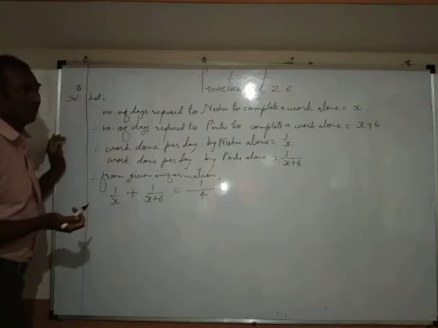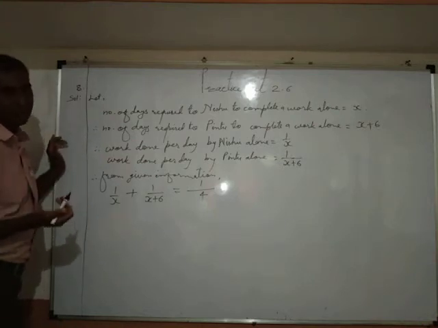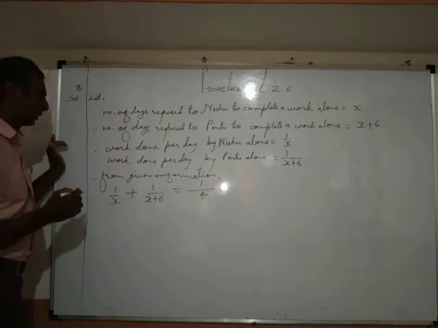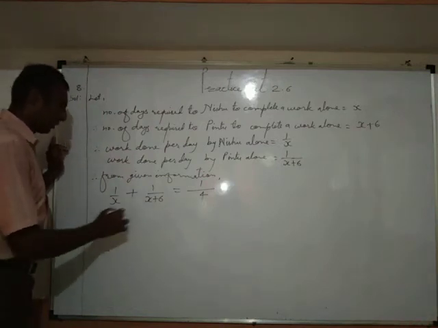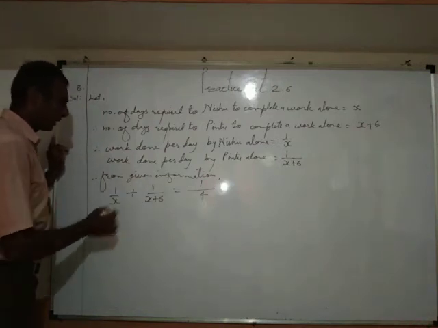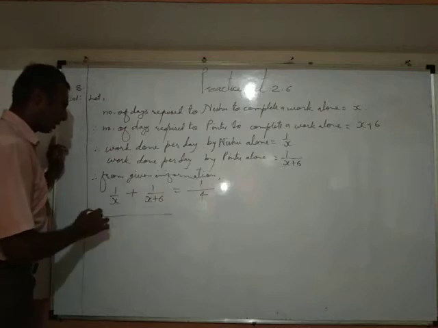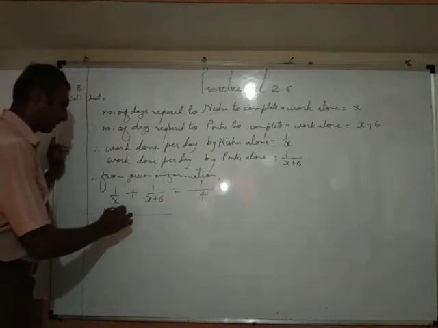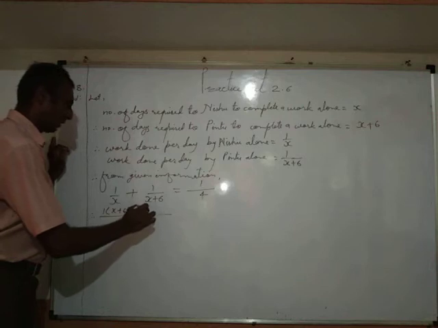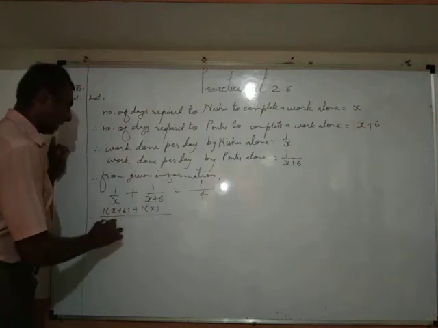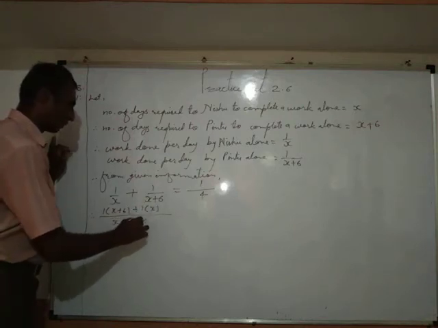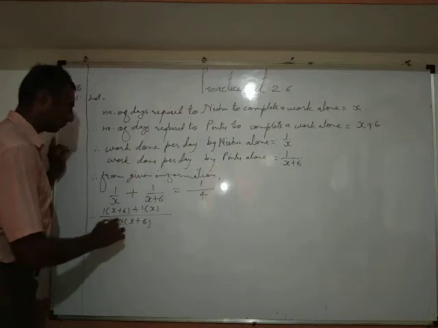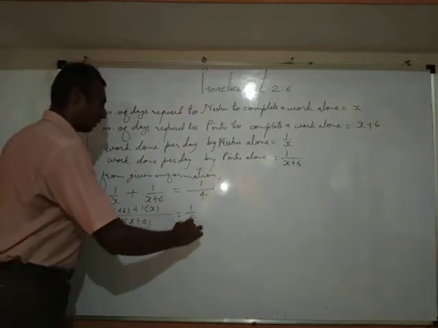Now just to simplify this equation to get answer of question, and therefore as denominators are not same, we need to cross multiply them. Therefore the equation will be 1 in bracket x plus 6 plus 1 in bracket x upon x into x plus 6 equals 1 upon 4.